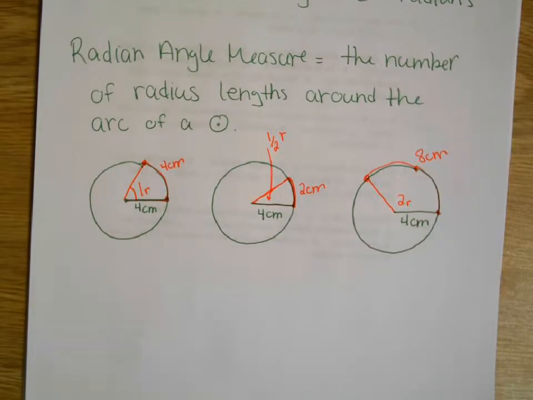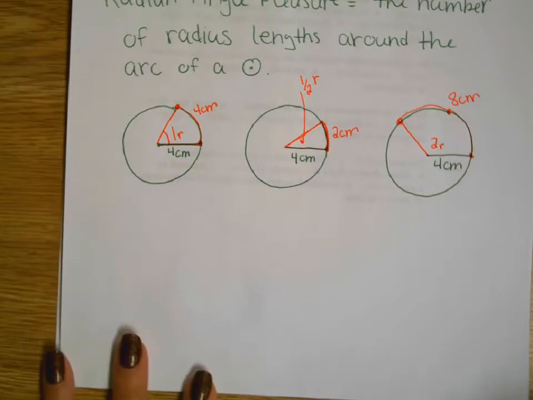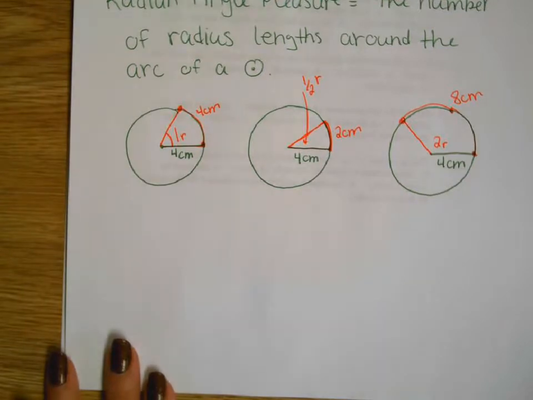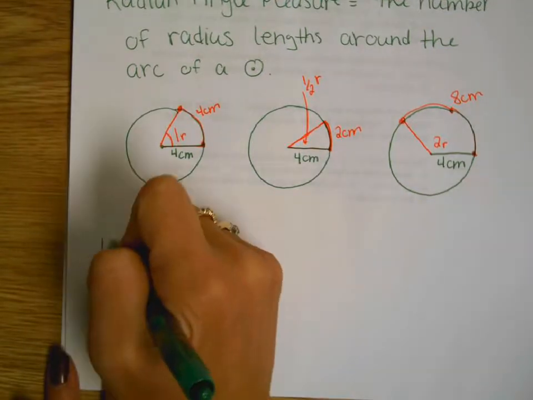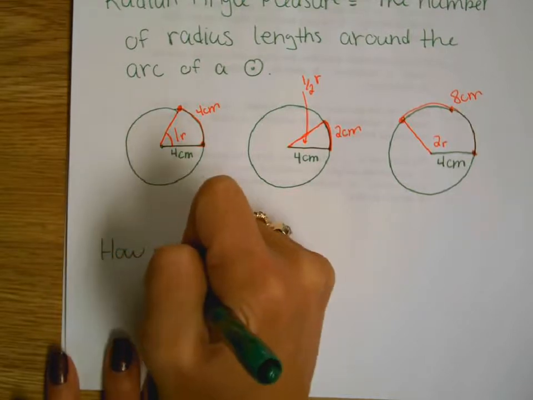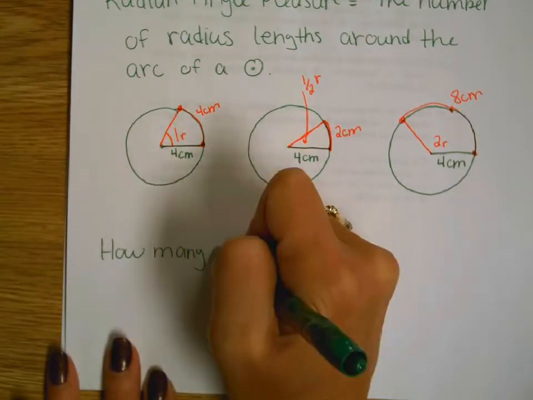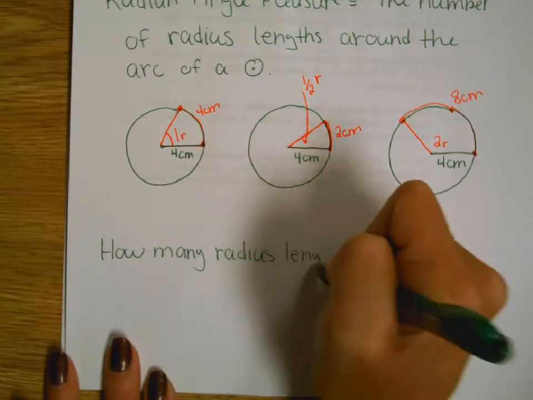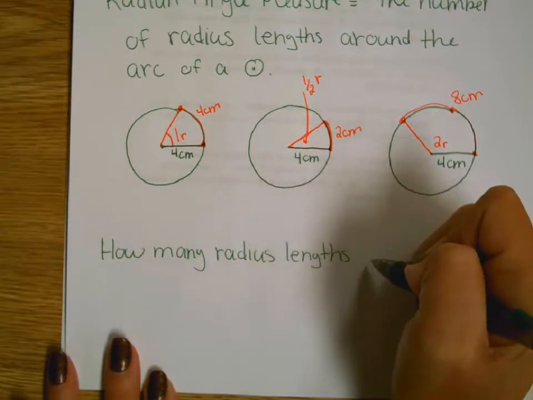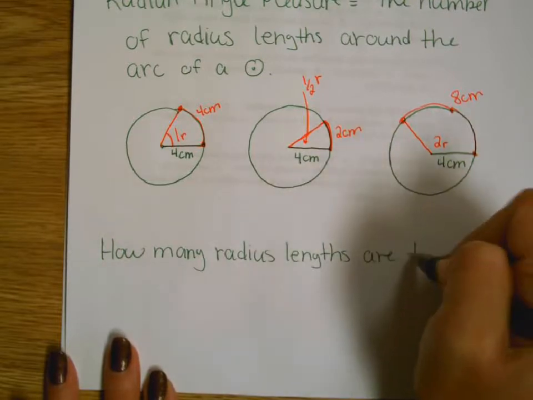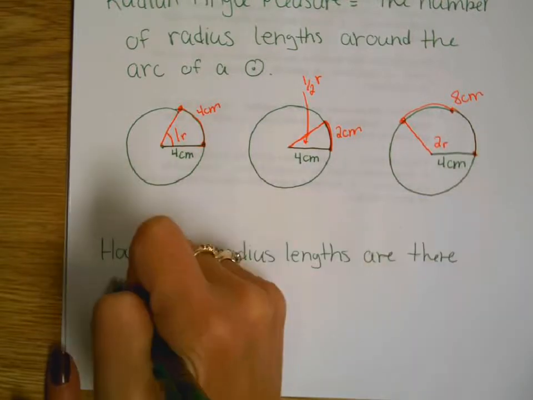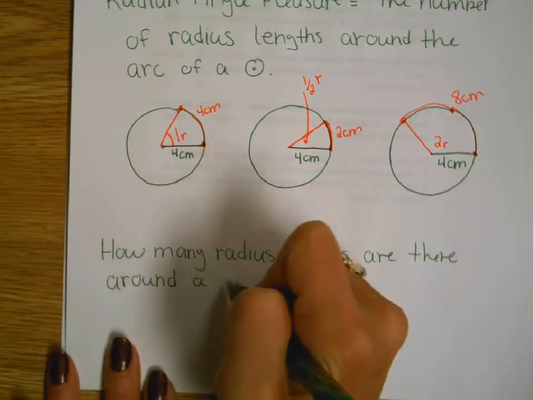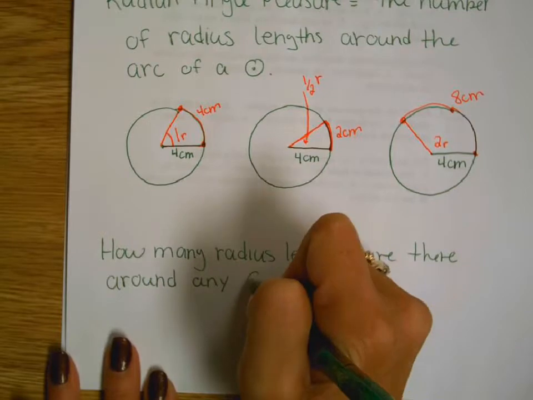What's going to be our conversion? All right, so my first question is, how many radius lengths are there around a full circle? How many radius lengths are there around any circle?